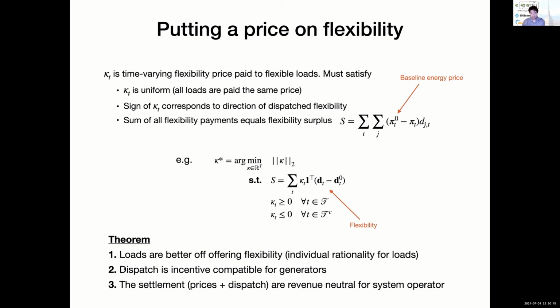And this is important because if we introduce some mechanism on the demand side, we don't want to disrupt the desirable incentive-following properties for the generators. I will note the subtle point that the generators are worse off under the flexible dispatch, but they still have an incentive to follow the system operator's instruction. Finally, the settlement, that's the combination of the flexibility price and the energy price, and the allocation of demand and production are revenue neutral for the system operator.